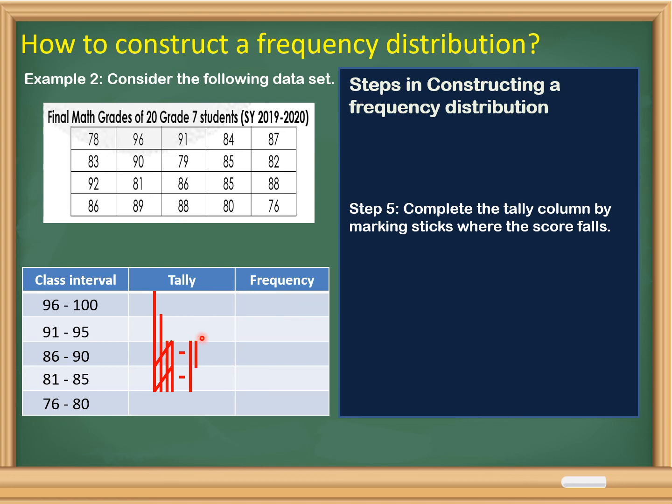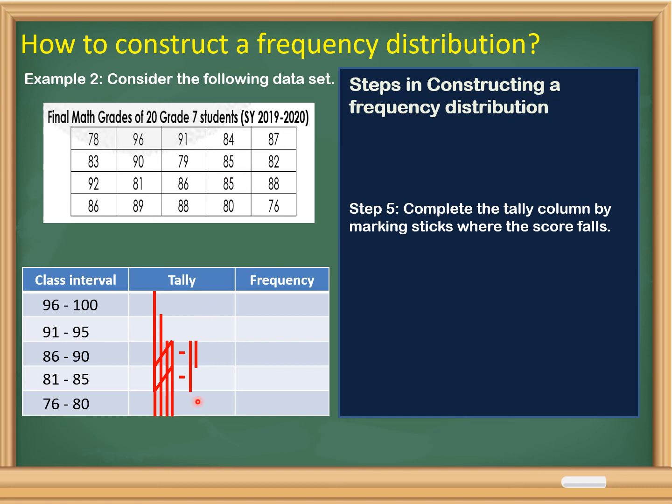Next, we have 6 ticks because based on this given set of data, the scores that fall in this interval are 84, 83, 85, 82, 81, and lastly 85.